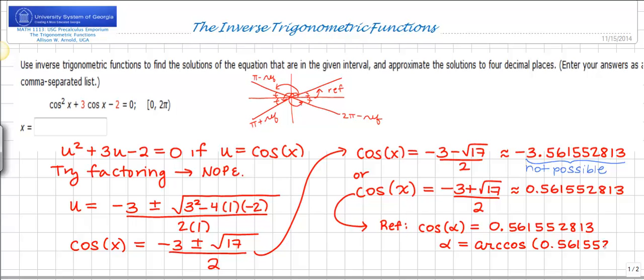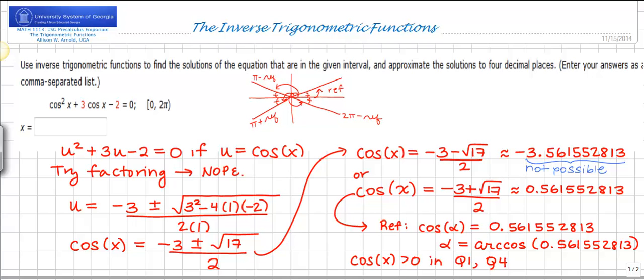Okay, so let's backtrack here. I'm solving cosine of x is 0.561552813, and I get a reference angle that is arc cosine of 0.561552813. And then I know that cosine of x is positive in quadrants 1 and 4.